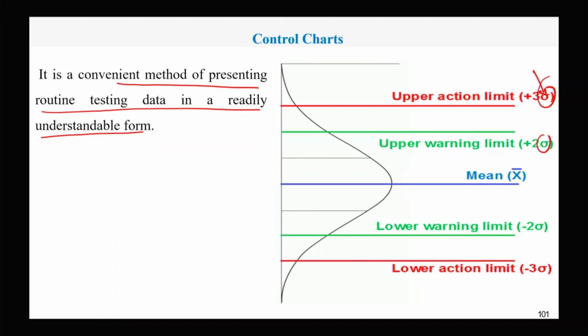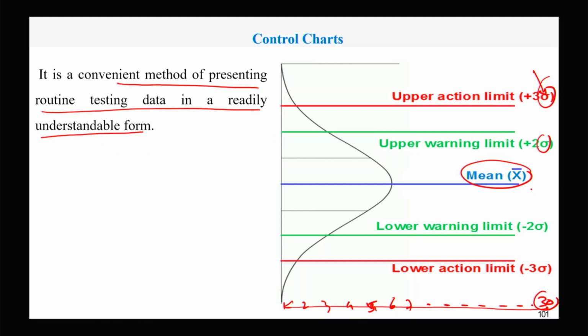Typically a control chart is kept for one month, so date-wise we can give different dates, 5, 6, 7. And what we are giving here is the mean, which is our target value.